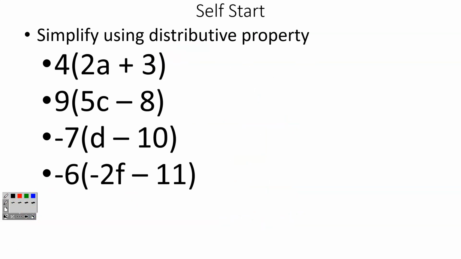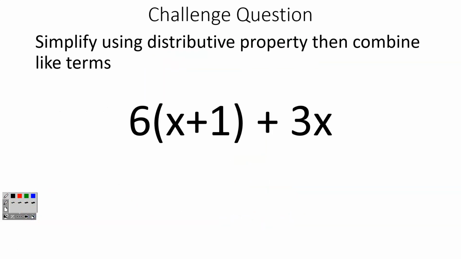So the process is still the same for all of these. This one becomes a little bit more challenging. I still do my rainbows. Rainbow, which is 6x. 6 times 1 gives me 6. And I'm going to bring down my plus 3x. So now I see some things that I can combine.